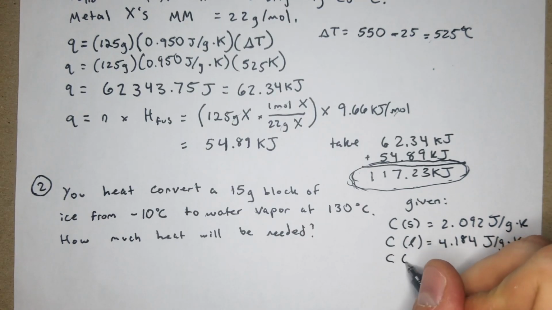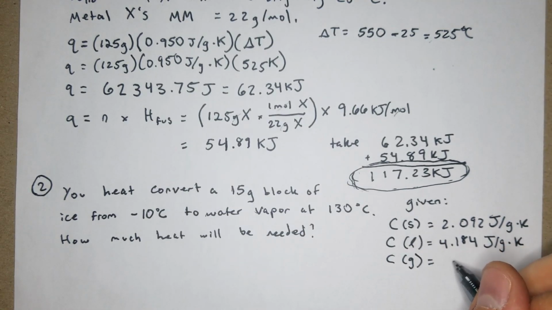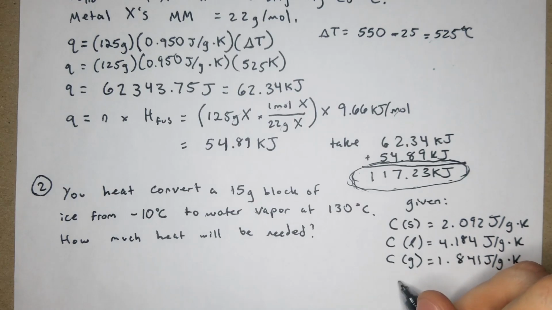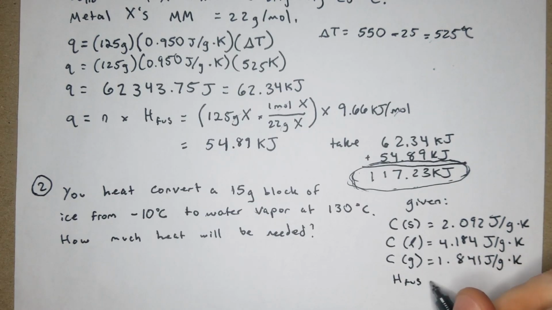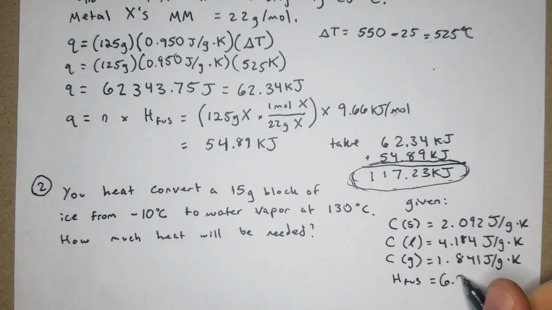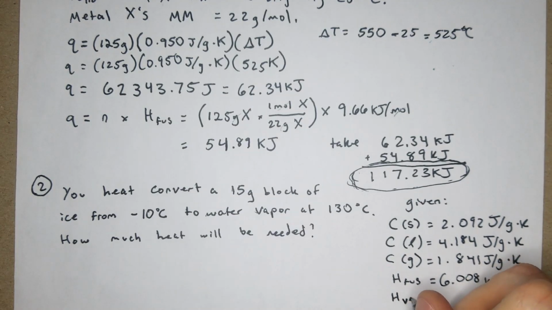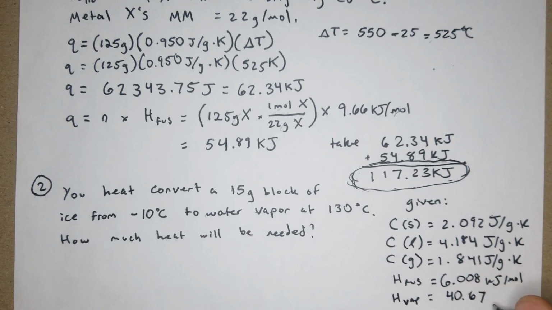For gas, it's going to be 1.841 joules per gram times Kelvin. Heat of fusion is going to be 6.008 kilojoules per mole. Always look out for that. Heat of vaporization is going to be 40.67 kilojoules per mole. Okay, so there's all of our information we're going to need.